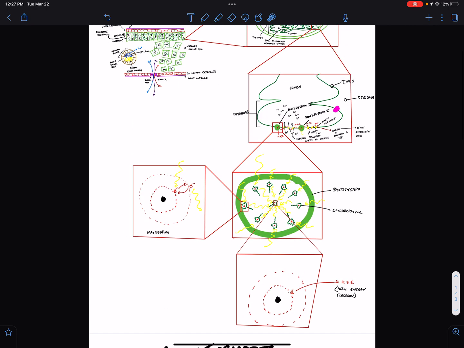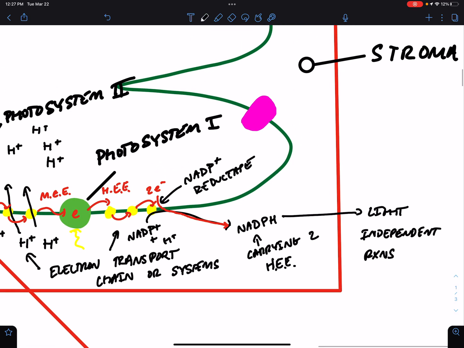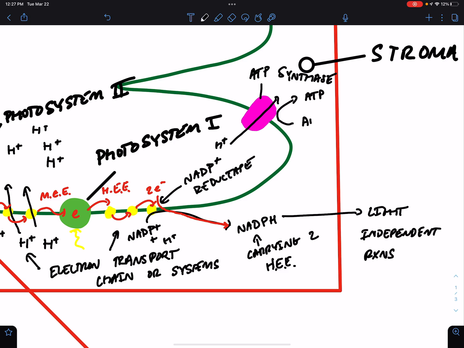We have an enzyme. It's called ATP synthase. And ATP synthase takes the energy from hydrogen flowing down its concentration gradient and uses it to form ATP from ADP, adenosine diphosphate, and free phosphate.